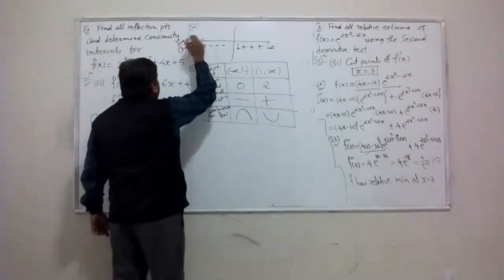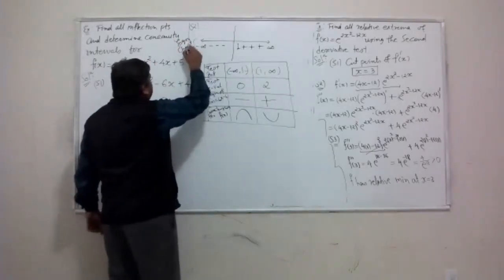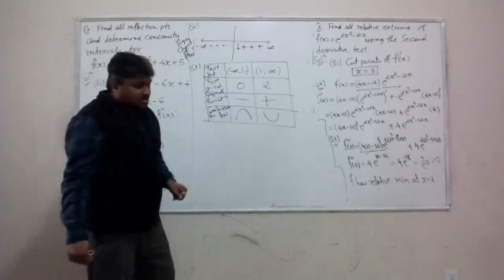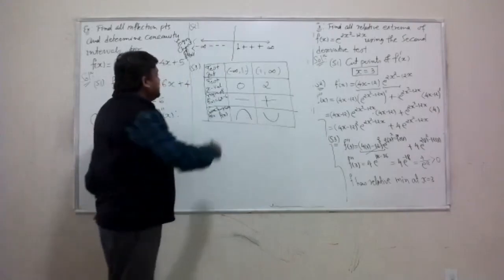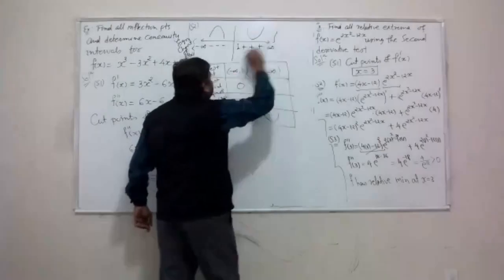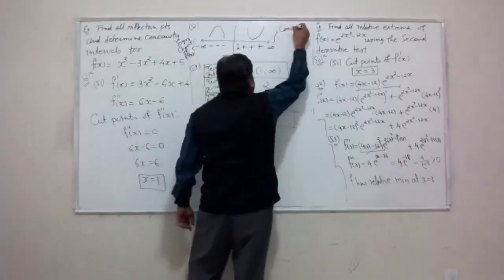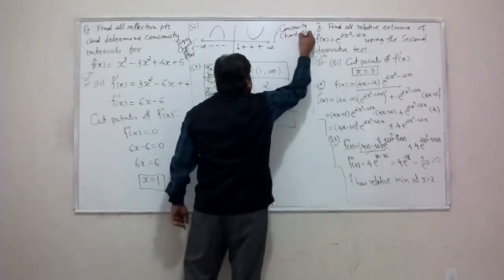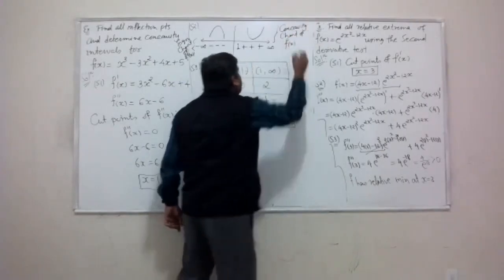Again, pay attention to the wording, sign chart of the second derivative. This is how the sign of the second derivative changes on the number line. To get the concavity chart, you copy the fourth row on the same number line, and you get the concavity chart of the original function, right?